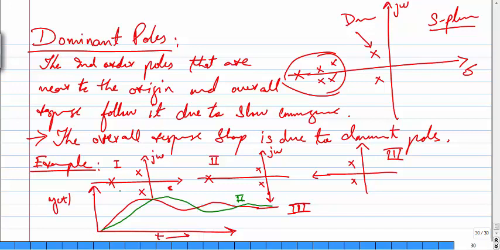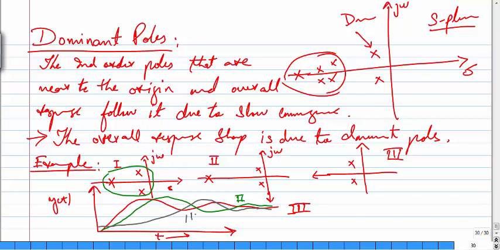Now the last one is case 1, where we have a pole very near the dominant poles. In that case, case 1 is much different as compared to case 2. So case 1 may behave differently, it can have very different behavior.